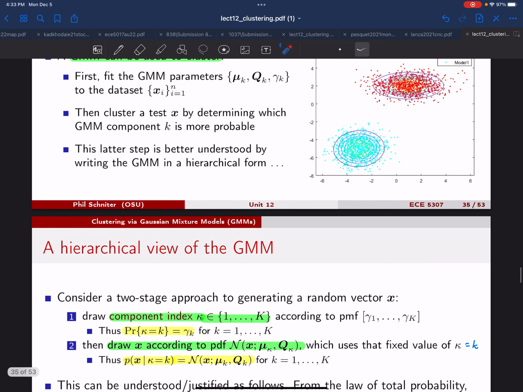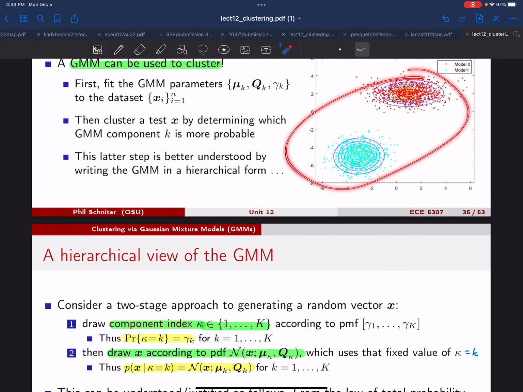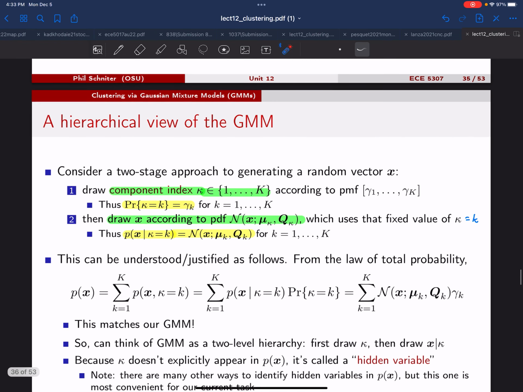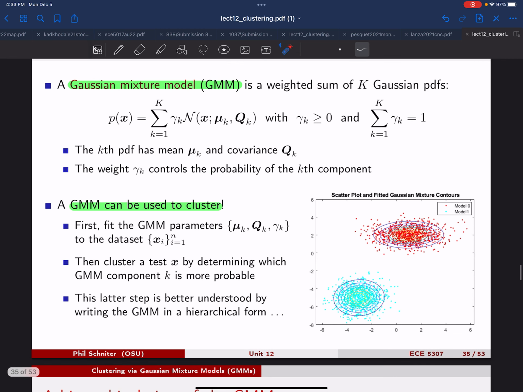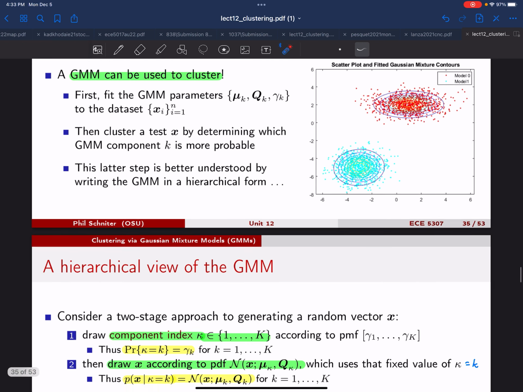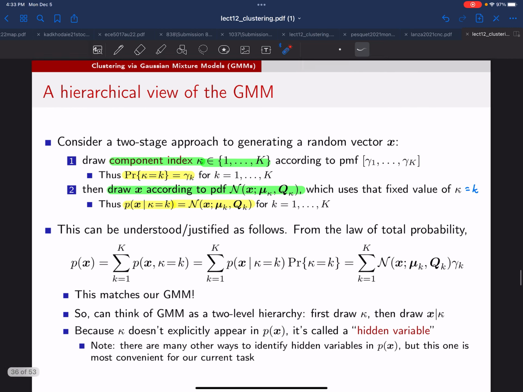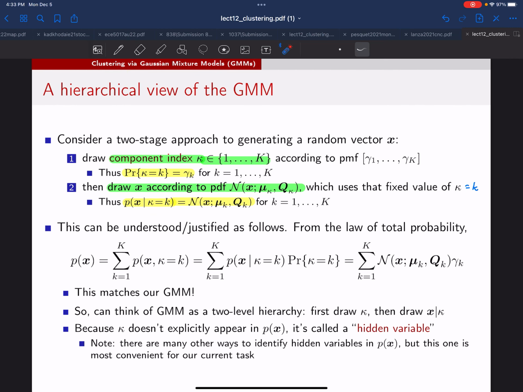So this is a different way of thinking about this, where we've introduced one additional random variable, kappa. Kappa is not necessarily visible here. The only random variable we have here is x. But we're thinking of inserting a new random variable in the model. Here's another way to think about it. By the law of total probability, this is the joint PDF of x and kappa being k.